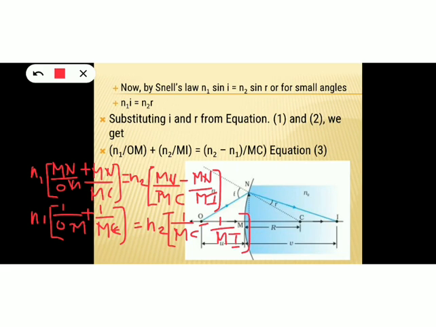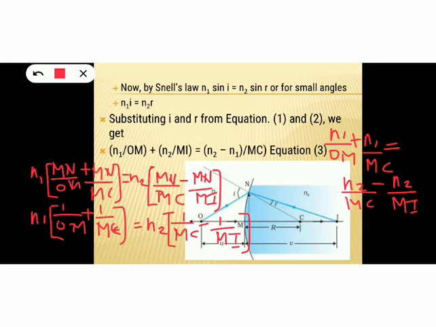Okay. Now we can just rearrange the expression. Multiply this n1 into the bracket. You will get n1 by OM plus n1 by MC equal to n2 by MC minus n2 by MI.